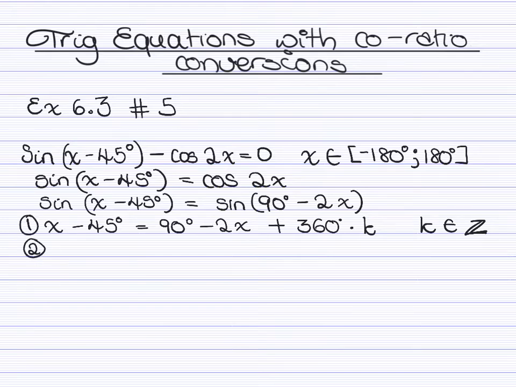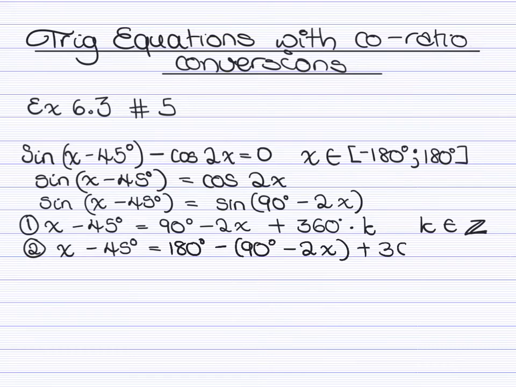The second general solution, we haven't fully reduced it, but it reads as follows: 180° − (90° − 2x) + 360k. Same thing, your k is an integer. Right, so we've got our two general solutions now, but we want to fully express it as x equals.